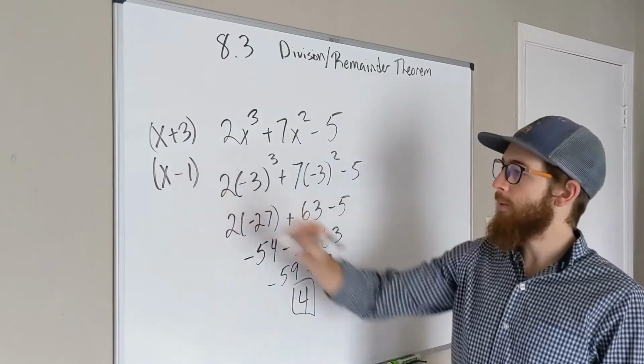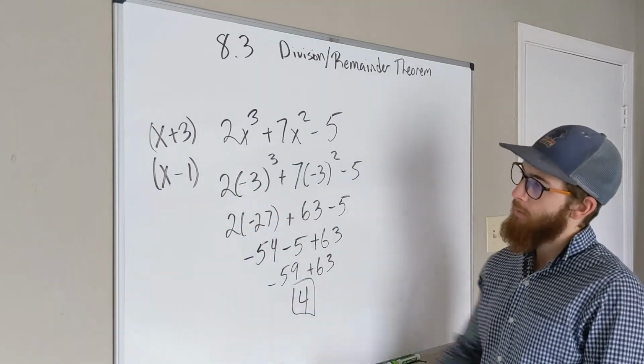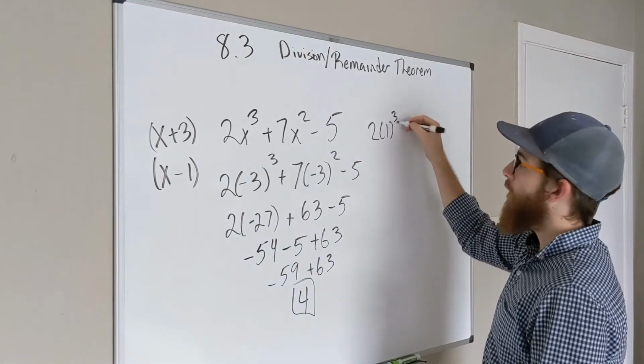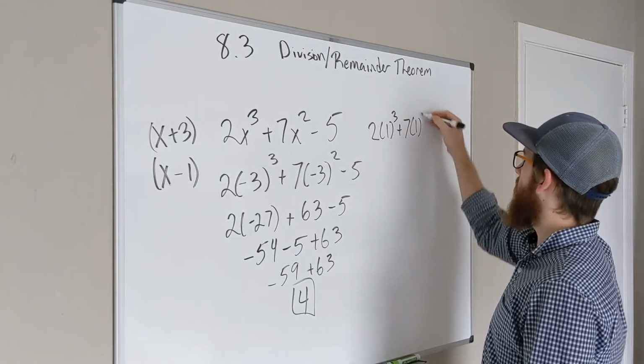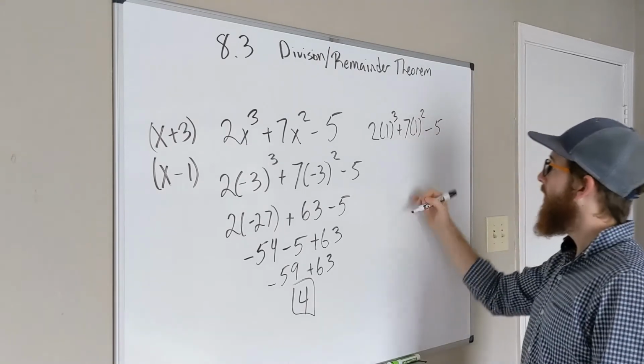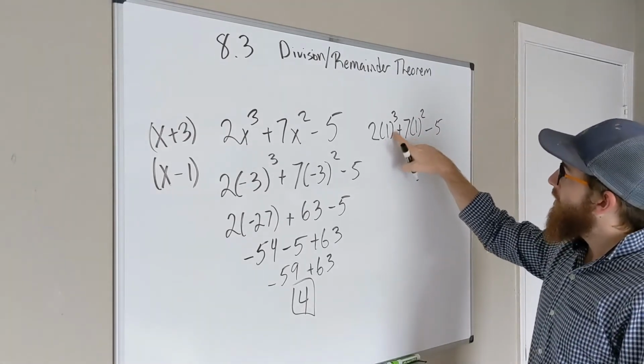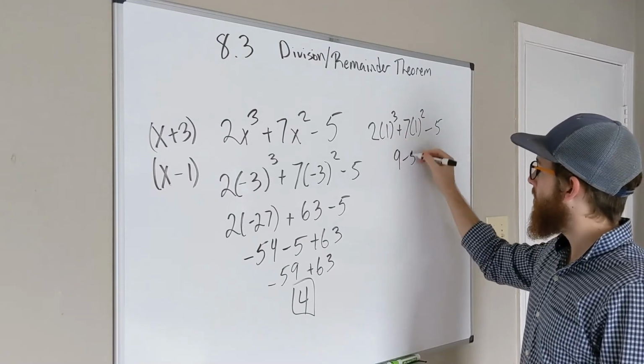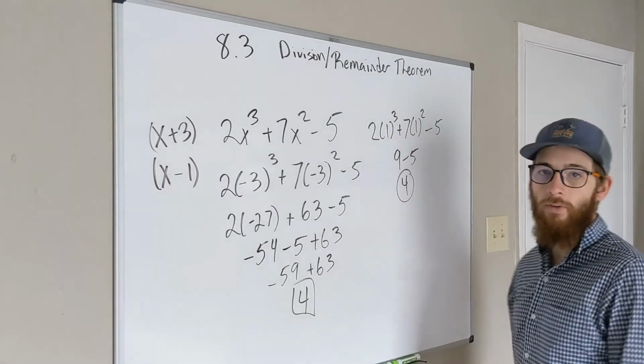So what about if I plug in 1? 2 times 1 cubed plus 7 times 1 squared minus 5. This is really just 1 and 1, so that's 2 plus 7 is 9, minus 5 is 4.